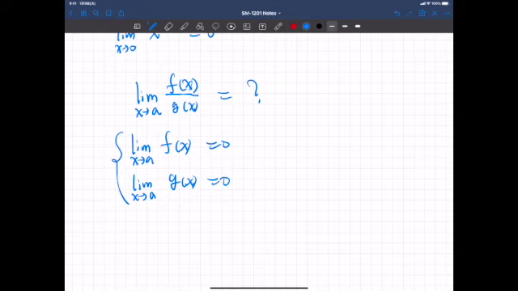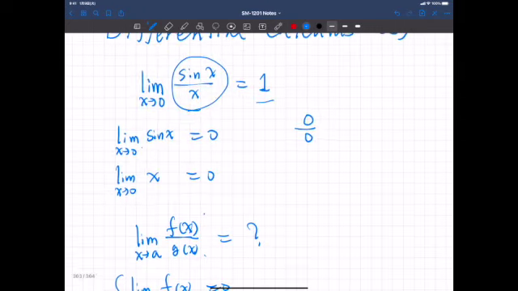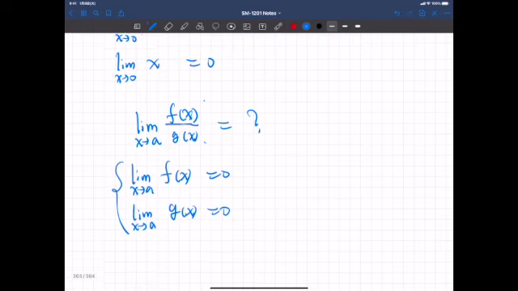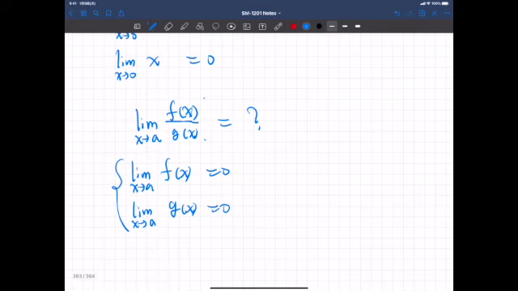Then the limit of this ratio will be something like 0 over 0, just like sin x over x. And this has a form called an indeterminate form, because 0 over 0 is undetermined.